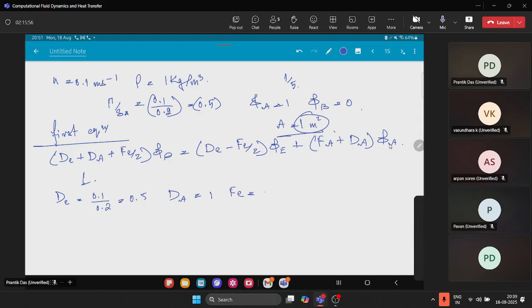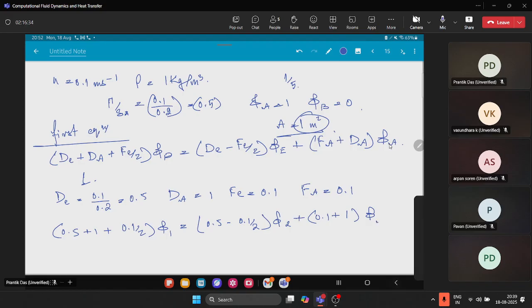Then dA is basically equal to 1, 2 times of that. Fe is basically equal to 0.1 and Fe is basically equal to 0.1, and so then it becomes 0.5 plus 1 plus 0.1 divided by 2 phi 1 equal to 0.5 minus 0.1 divided by 2 phi 2 plus 0.1 plus 1 phi A. This is basically phi e, negative sign is found here.